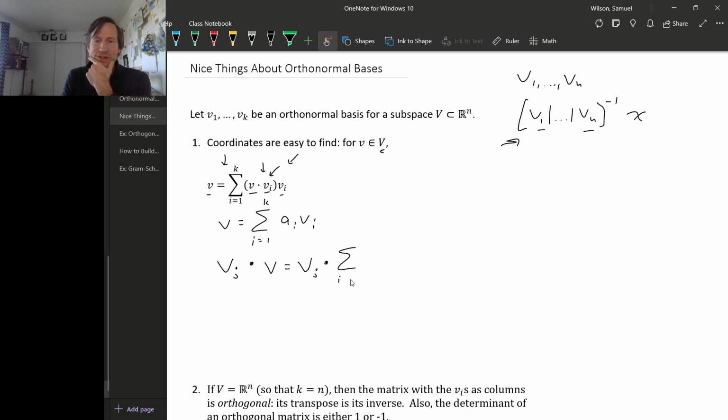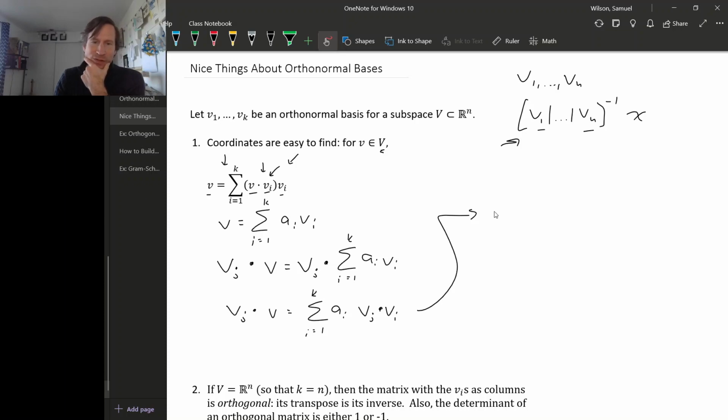Okay, dotted with the sum from i equals 1 to k, a_i v_i. Now on the right-hand side, we can distribute this dot product into this sum. So that gives us v_j dot v equals the sum from i equals 1 to k, a_i v_j dot v_i.